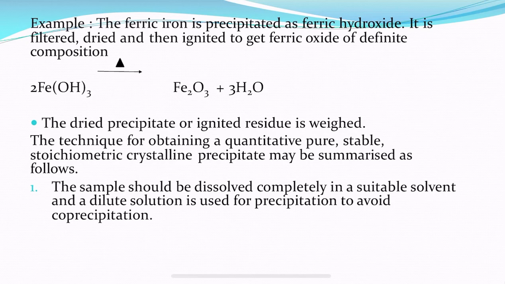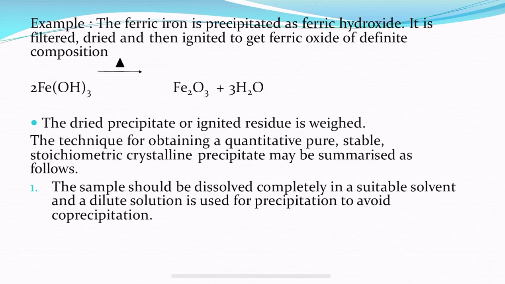We are going to get ferric oxide, Fe2O3, with the removal of 3 moles of water. This Fe2O3 will be precipitated out. The dried precipitate or ignited residue is then weighed.